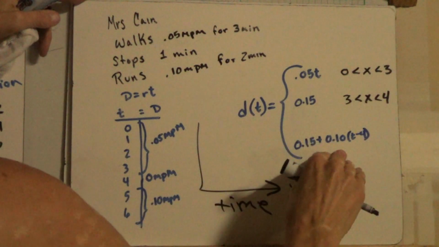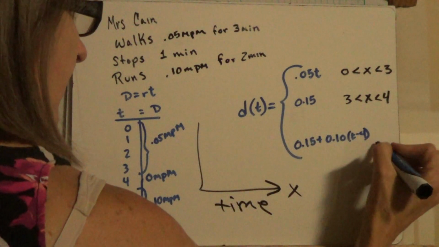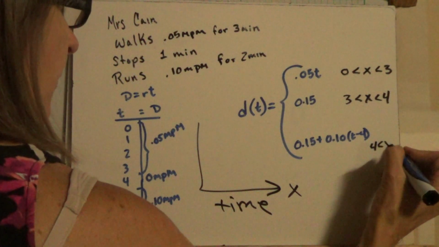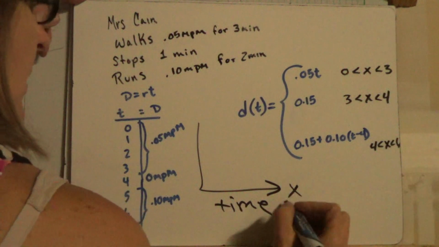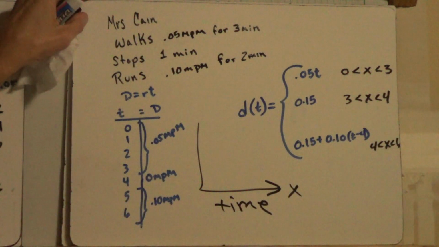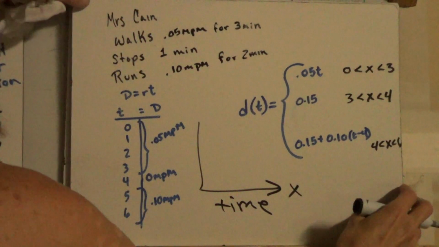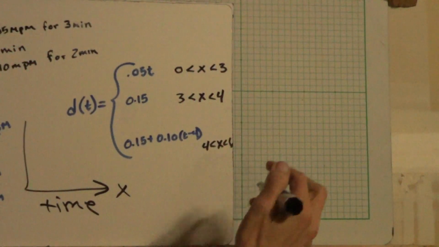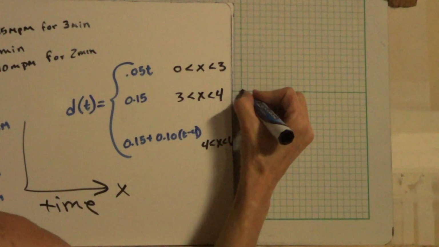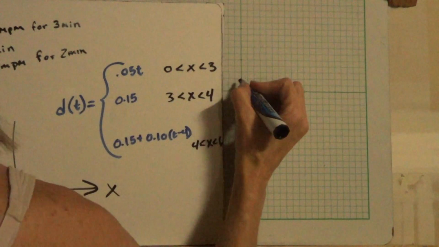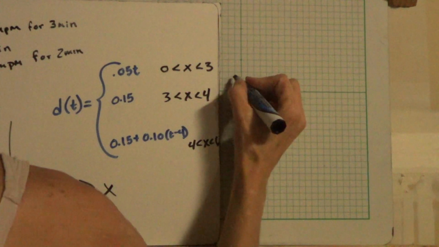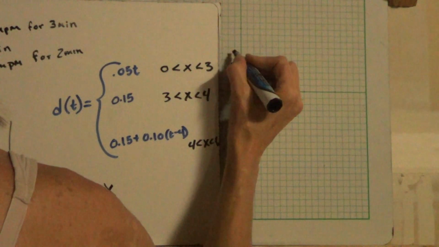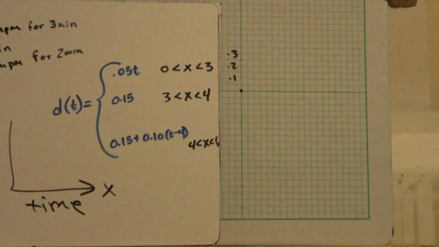Now the rest of the time, from 5 to 6 minutes, anything greater than 4, less than 6, I'm traveling at this rate. So I could come over and I can graph that. I simply say, okay, at 0, I'm going up, we'll count this as, let's say that's 0.1, 0.2, 0.3, just to make our graph reasonable there.